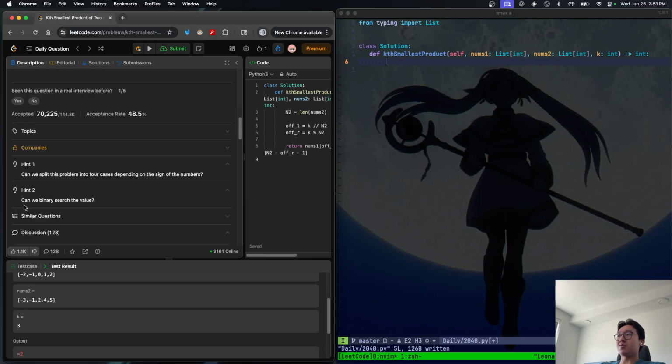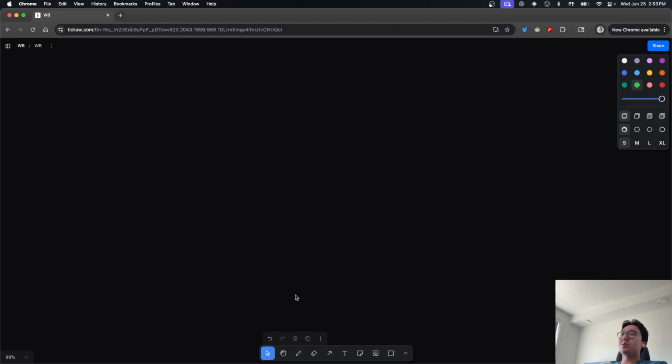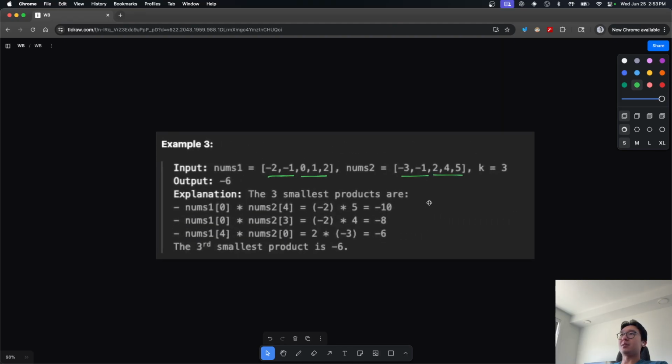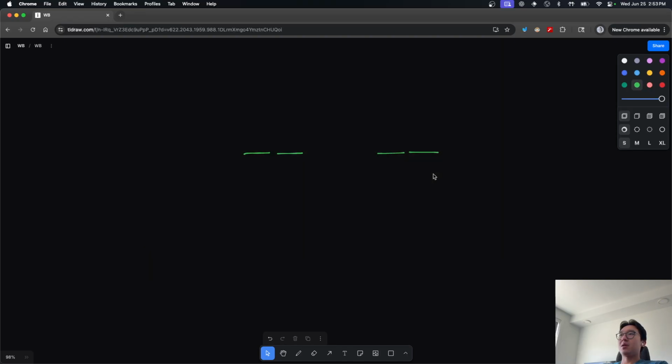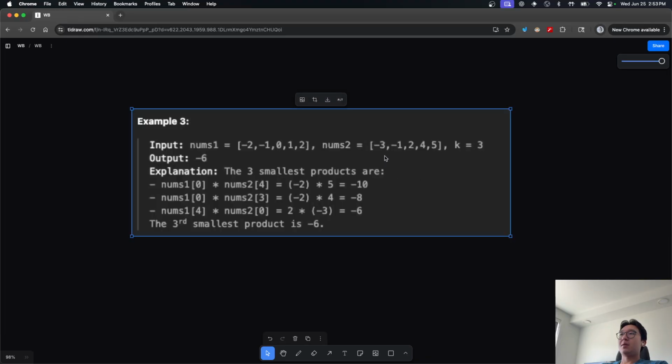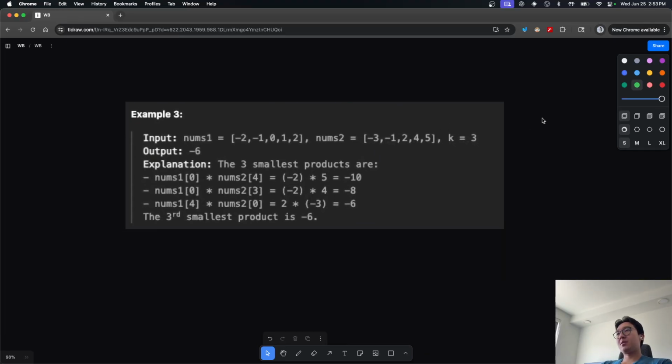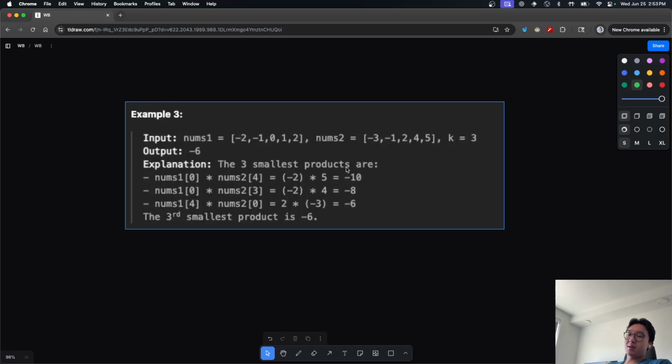Oh, I thought about binary search before, but I wasn't able to find a way of using it. So how can we use binary search in here? We divide into positive, positive, positive, negative, negative, positive, and then negative, negative.